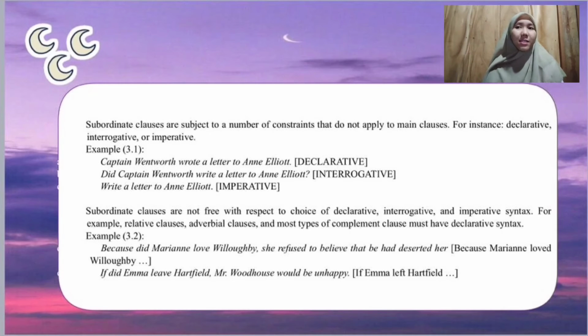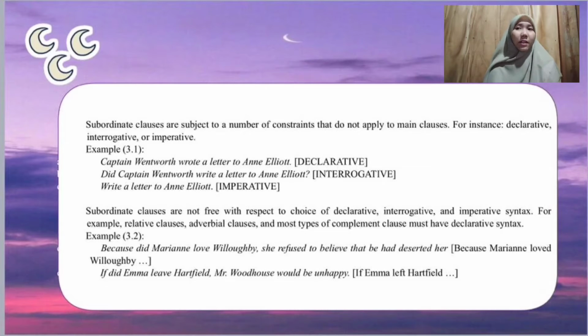Subordinate clauses are subject to a number of constraints that do not apply to main clauses. For instance, declarative, interrogative, and imperative. Look at the example in 3.1. A. Captain Wentworth wrote a letter to Anne Elliot is the example of declarative. In B, did Captain Wentworth write a letter to Anne Elliot is an example of interrogative.